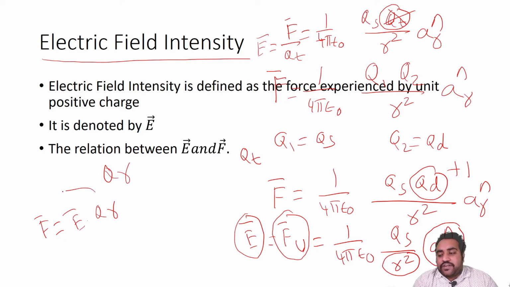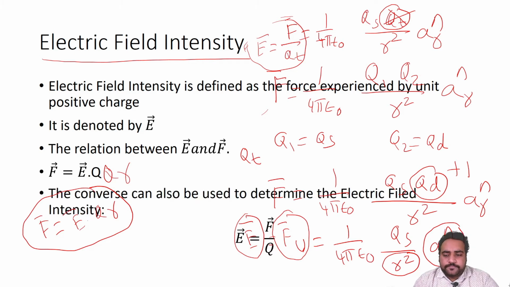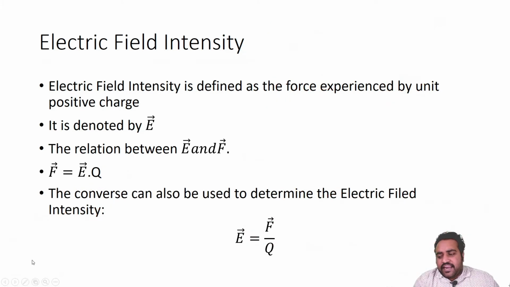So the relation between the electric field intensity and electric force is both these expressions. They are the same expression written in a different form. So E bar equals F by Q, or F bar equals Q times E bar. Both of them stand for the relation between E bar and F bar. Remember that this is not a dot product, it is just a multiplication sign.